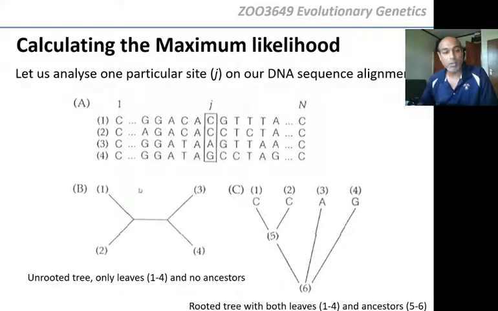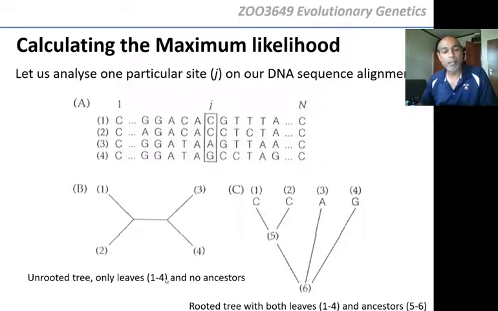We can start with our tree here where we have individuals 1, 2, 3, and 4. Okay, that's our unrooted tree. And in this situation, you would probably have individuals 1 and 2 most closely related, okay, because they both have the C, and then a distance separating them from 3 and 4, which are actually different, okay?